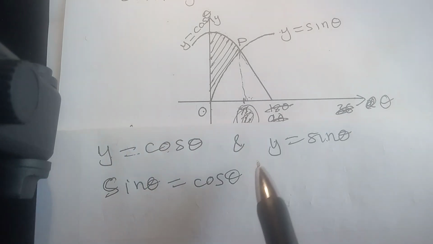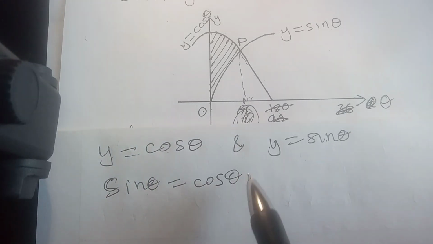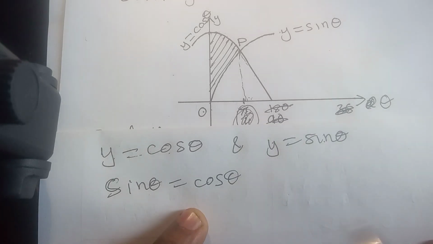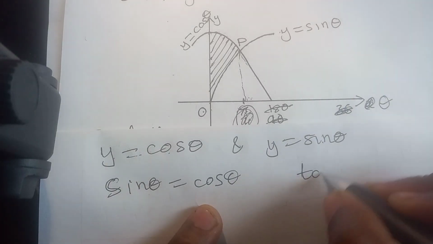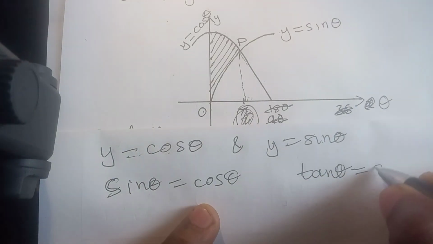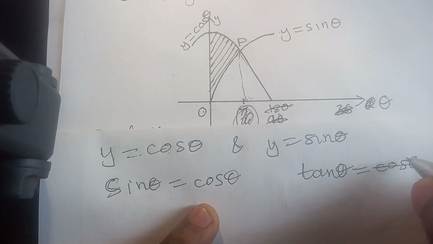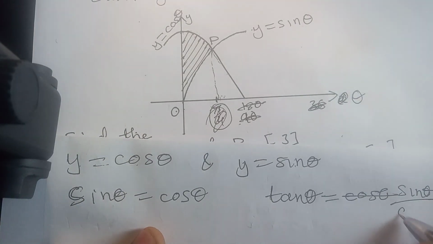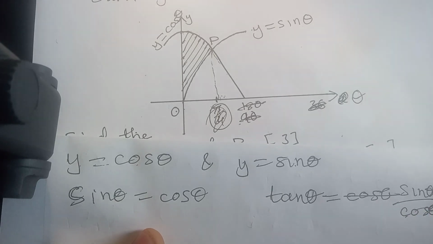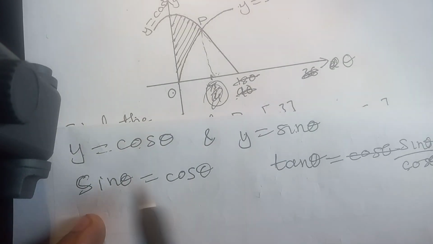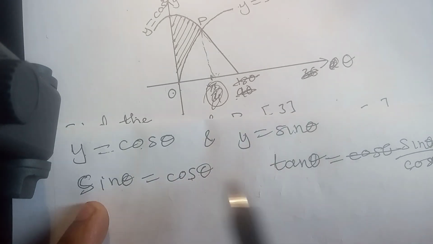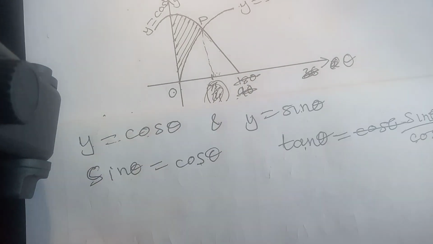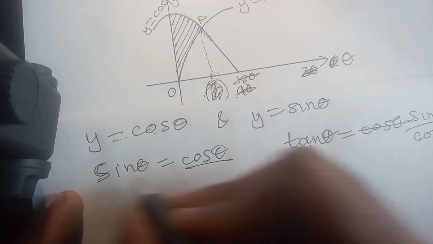So even if I take this to the other side, there is nothing I can do. But we know that tan theta is equal to sine theta over cos theta. So I can just take advantage of this fact and divide both sides by cos so that I obtain a tan, which is much easier to work with.